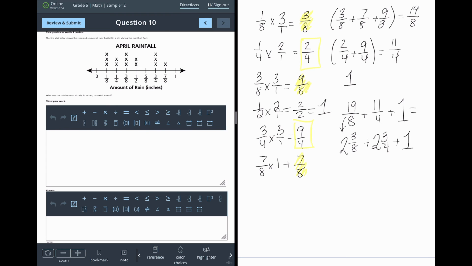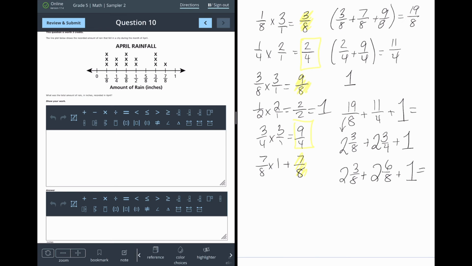So far it's getting easier. It's getting a ton easier, but I still need to add those two fractions that are different. So I still need to change that. Okay, so let's change my 3/4 to 6/8. Now I can do some adding together.